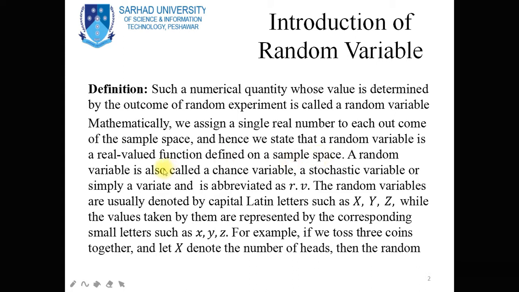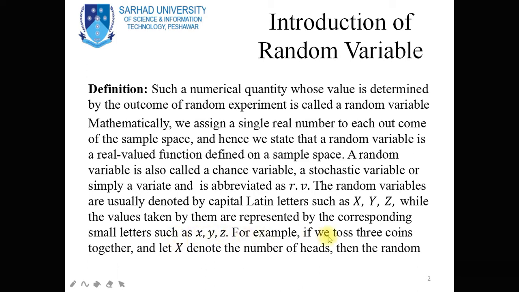A random variable is also called a chance variable, a stochastic variable, or simply a variate, and is abbreviated as r.v. The random variables are usually denoted by the capital Latin letters such as X, Y, and Z, while the values taken by them are represented by the corresponding small letters such as x, y, and z.